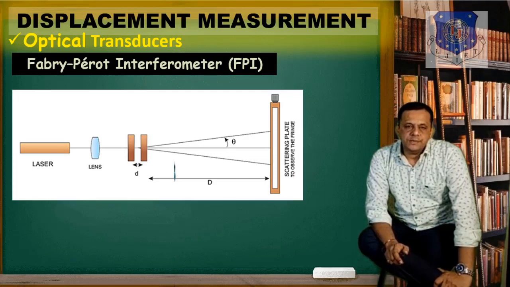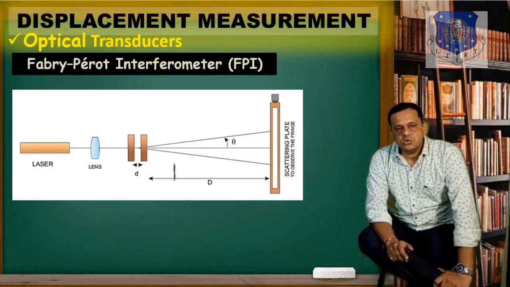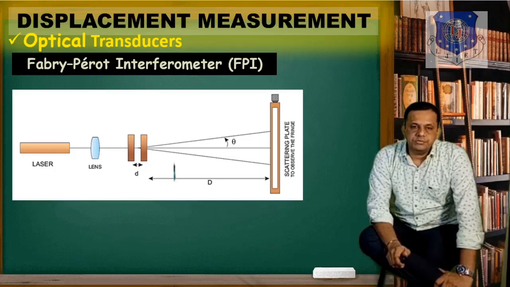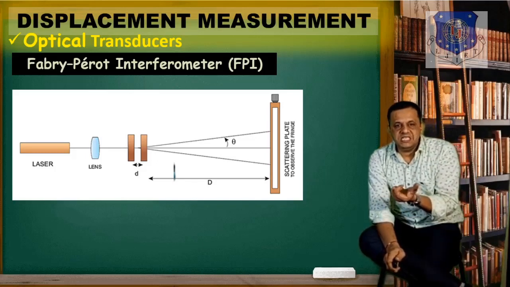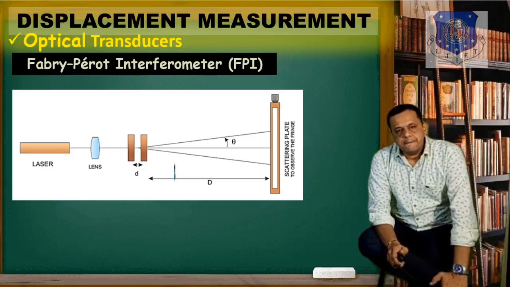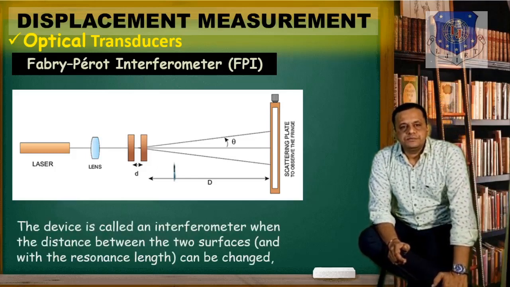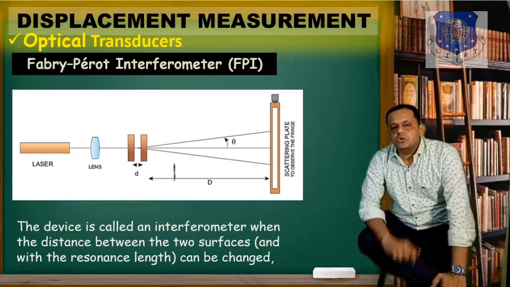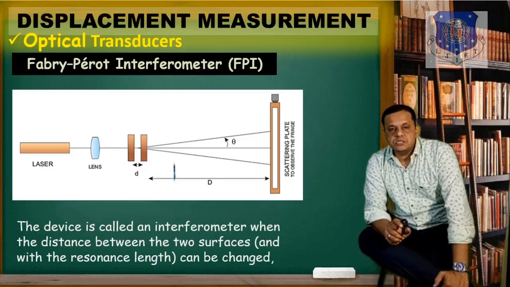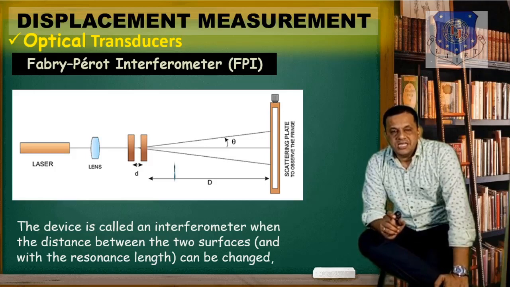Here we will have a laser, a lens which is concentrating, and two mirrors with silver coating, and the object is at distance d and with angle theta. Now what happens here? This device is called an interferometer when the distance between two surfaces can be changed.